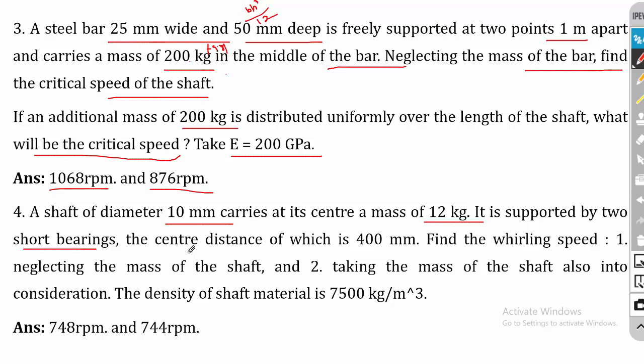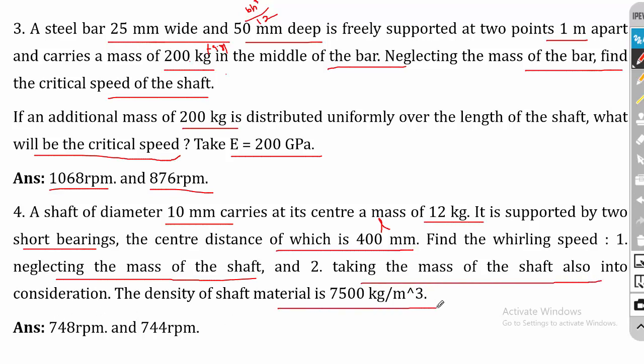For long or rigid bearings, then it is a fixed beam. Okay, so be clear about it. The center distance of which is 400 mm, the length is 400 mm. Find the whirling speed. First one, neglecting the mass of the shaft, and second one, taking the mass of the shaft into account. The density of the shaft material is 7500 kg per meter cube.